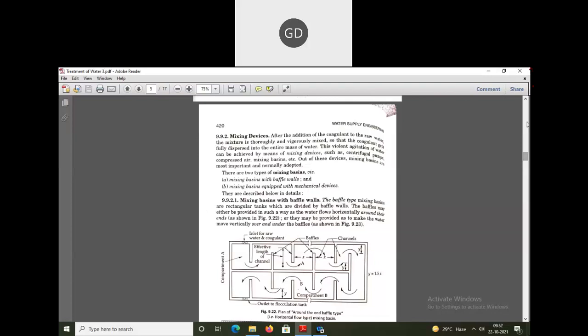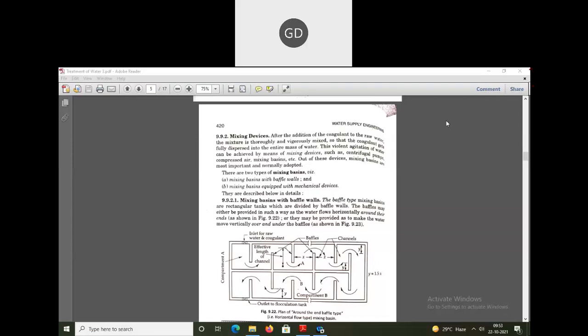The coagulant you have added should be dispersed into the entire mass of the water. Due to this violent agitation of the water in the mixing basin, the flock is formed.